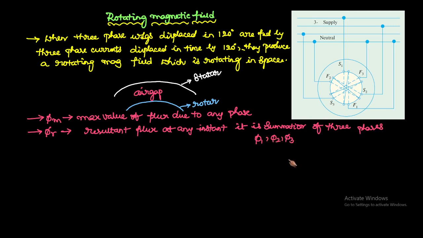Due to three phases we have three different fluxes. By considering all these values, we are going to analyze how the rotating magnetic field will be produced.